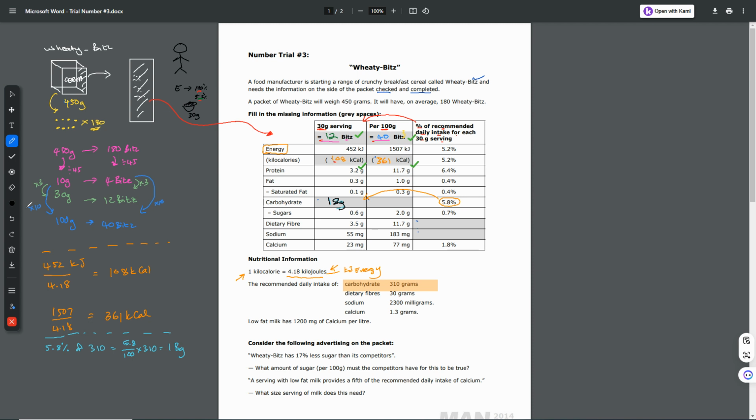Now we can even calculate using proportion here. Let's say we use proportion as a means to calculate this one. We know that 18 grams of carbs is for 30 grams of serving. And so I'm going to divide both sides by 10.